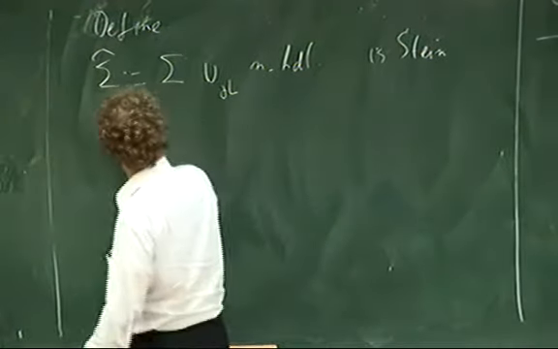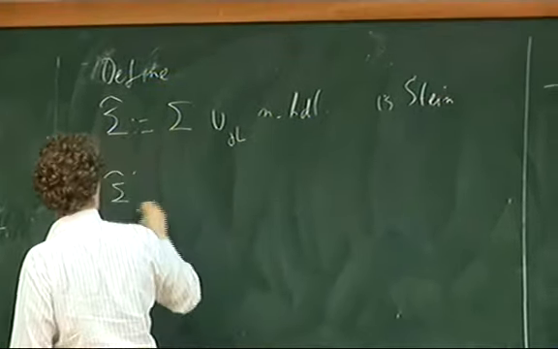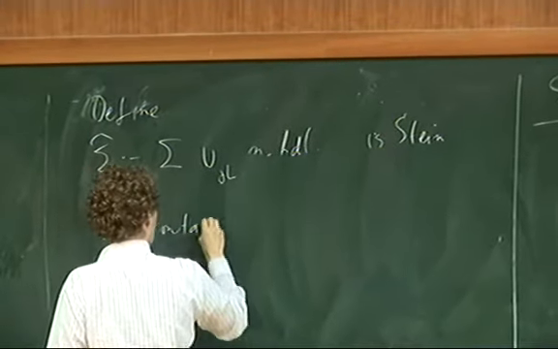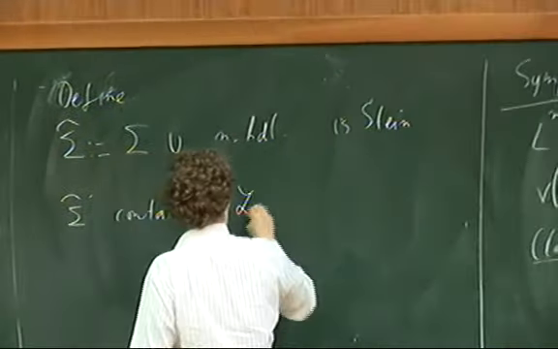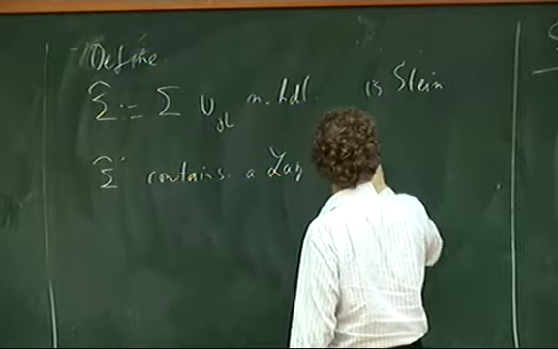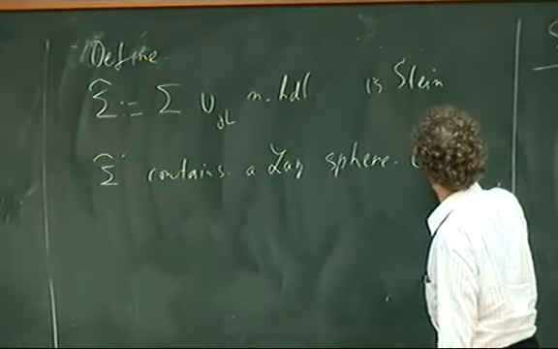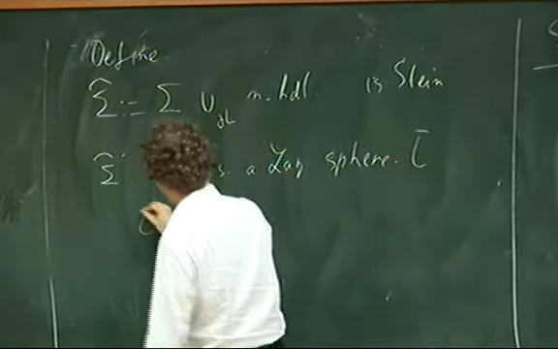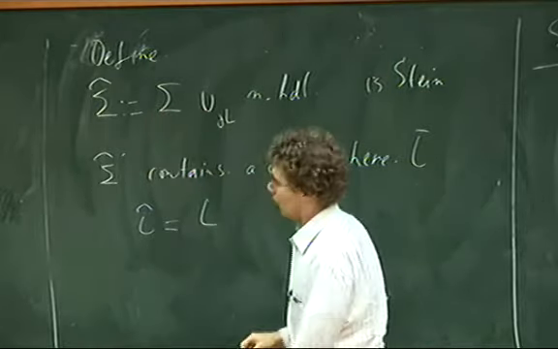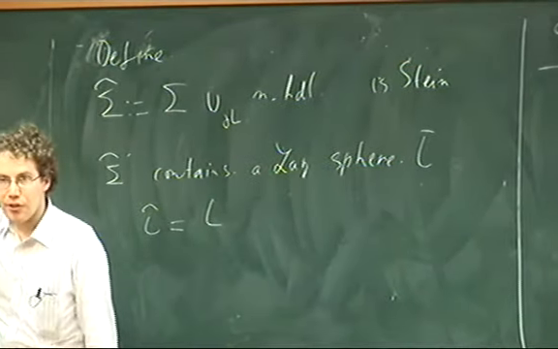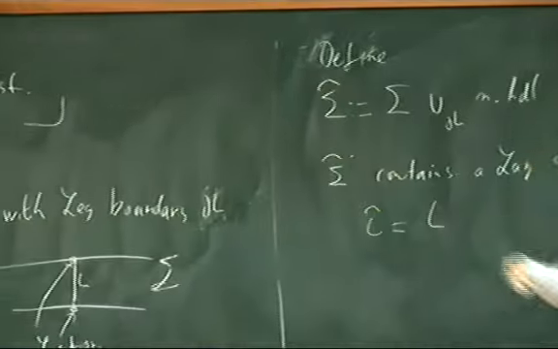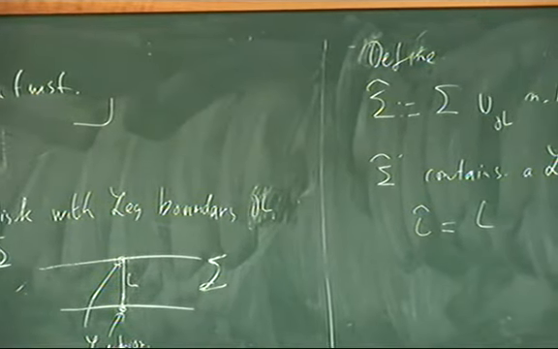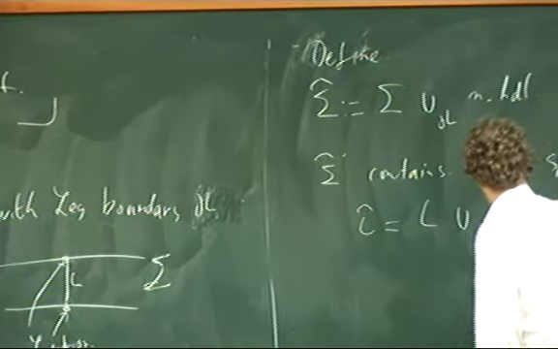And sigma tilde contains a Lagrangian sphere, say L tilde. L tilde has this form: we have here this Lagrangian disk, and on this Lagrangian disk we glue the core of the n handle.